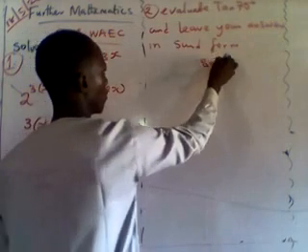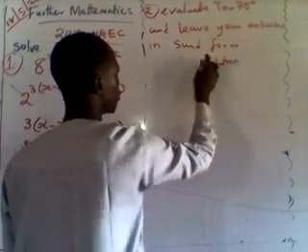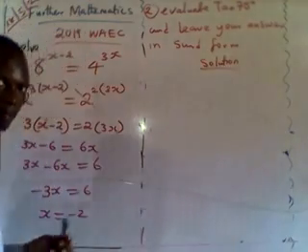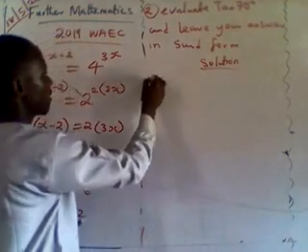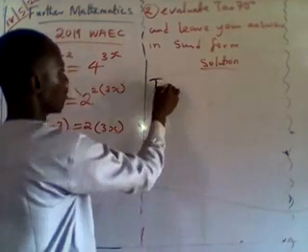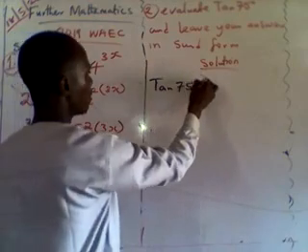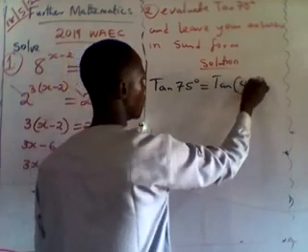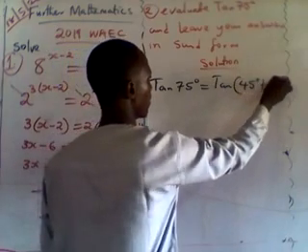Solution. Of course, the simplest idea is to know that tan 75 is the same as tan of 45 plus 30. That means that we can say our tan 75 degrees is the same thing as tan, open the bracket, 45 degrees plus 30 degrees.